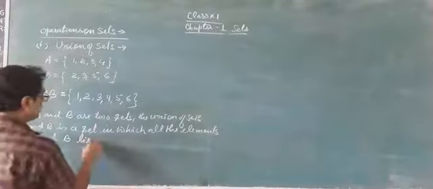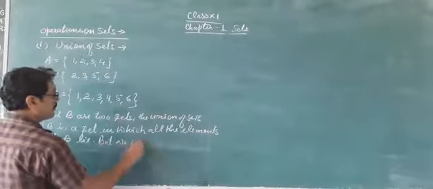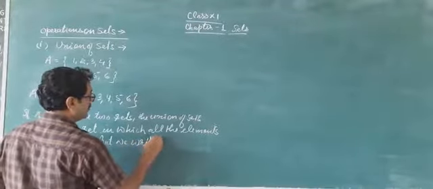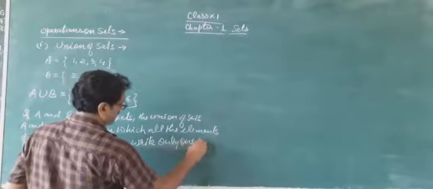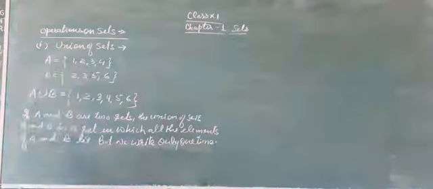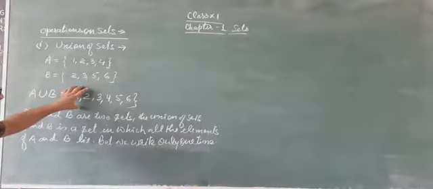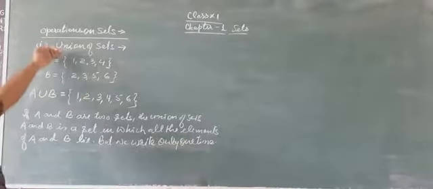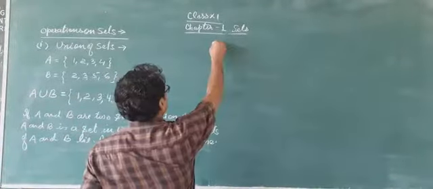But we write each only one time. Means union of A and B is a set in which all the elements of A and B will lie.